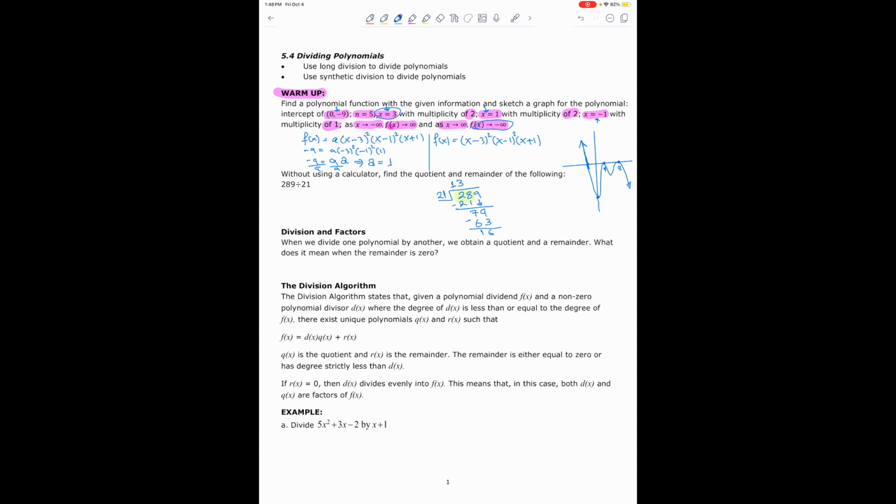So I'm going to write the quotient, which is this number. That is the quotient, which is basically the answer. We call this number here the divisor. And then we call this number the dividend.